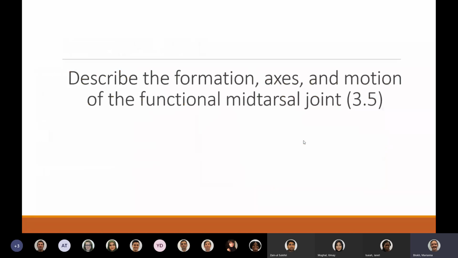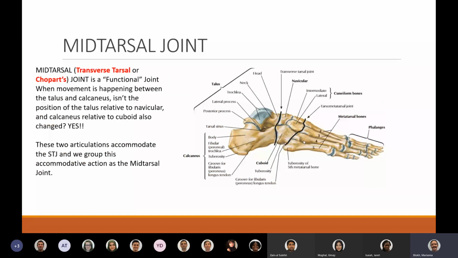Mid-tarsal joint, so functional mid-tarsal joint. We have a lot of components of the mid-tarsal joint. So when we talk about amputations, you must have heard of Chopart's amputation, which is basically amputation across the functional mid-tarsal joint. So we just have to be aware of what that includes.